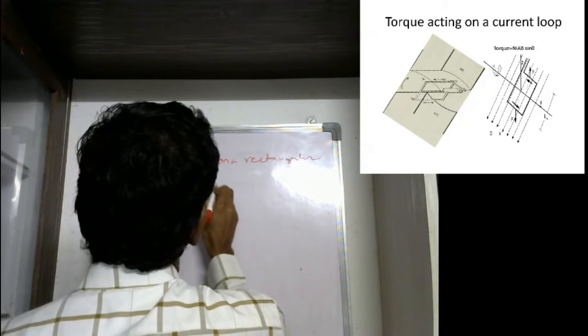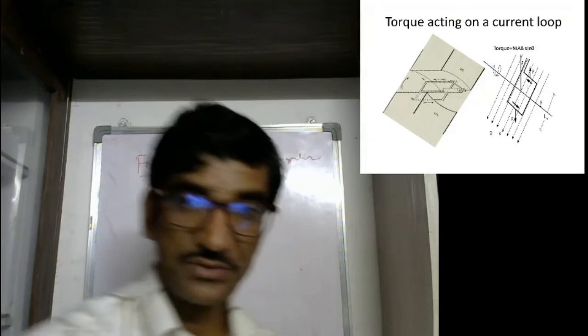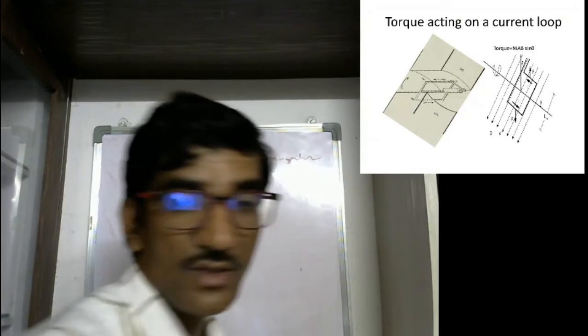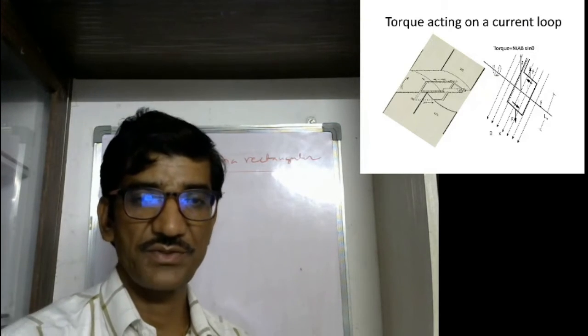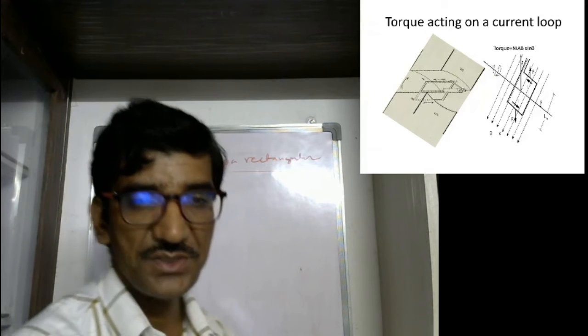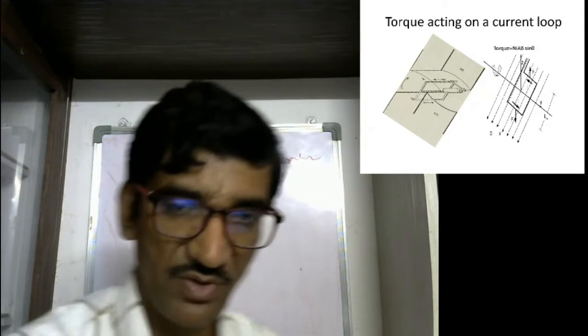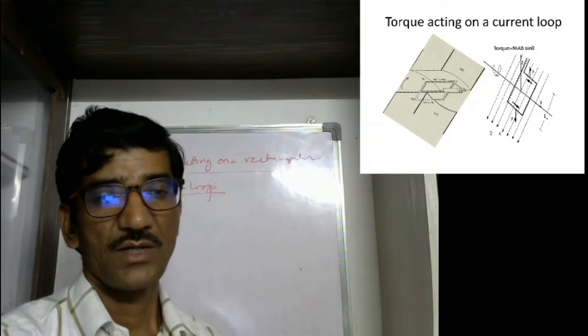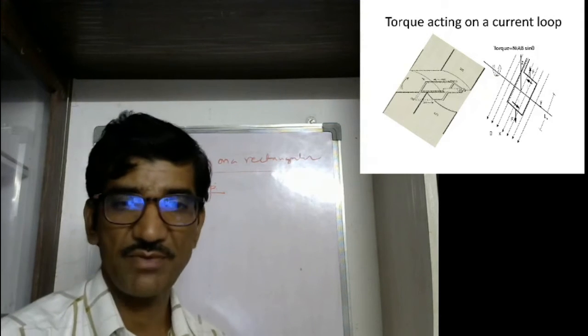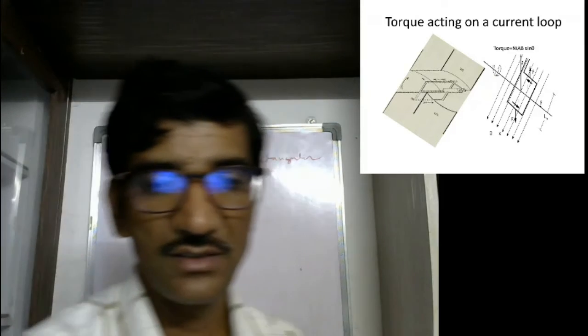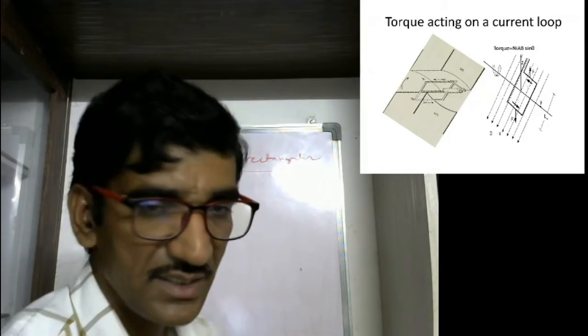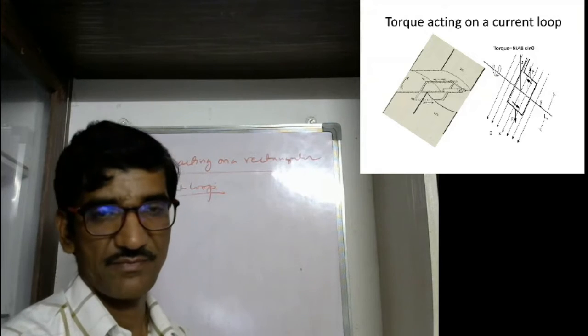Here one thing you have to remember: what is the direction of the magnetic force? Because the magnetic force acting on the conductor is a cross product. So we have to use the properties of cross product to know the direction of magnetic force acting on the conductors.